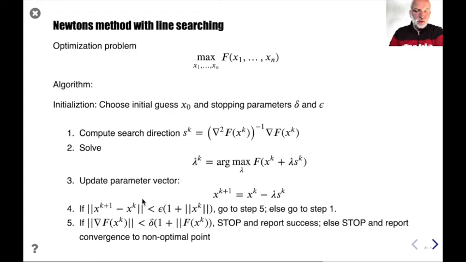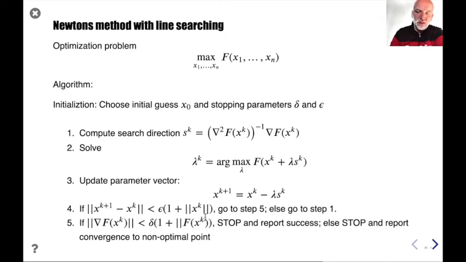Then you go down here and check: is there any change in the parameters across the two successive approximations? Did it converge? Did this x change? If it's below epsilon scaled by 1 plus the norm of the x's, then move on here and check if the gradient is close enough to 0, as measured by delta times 1 plus the norm of the gradient.